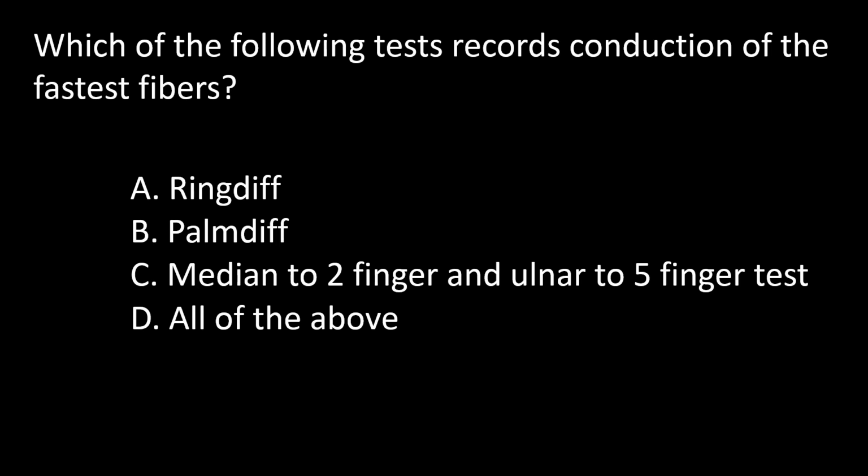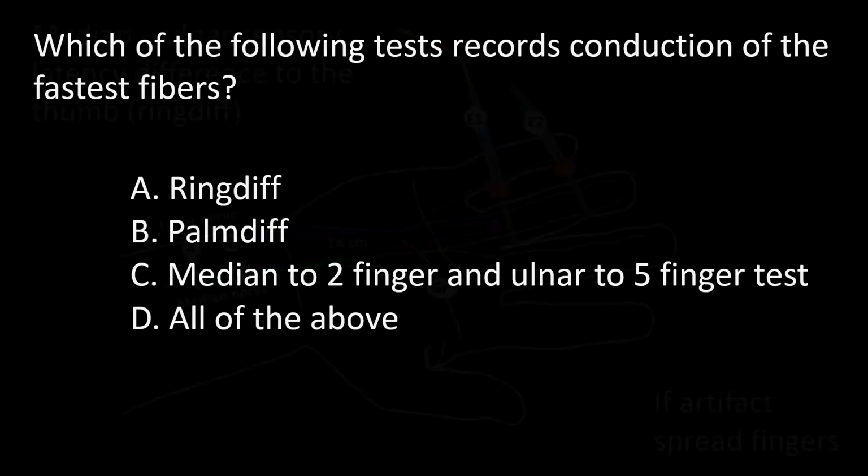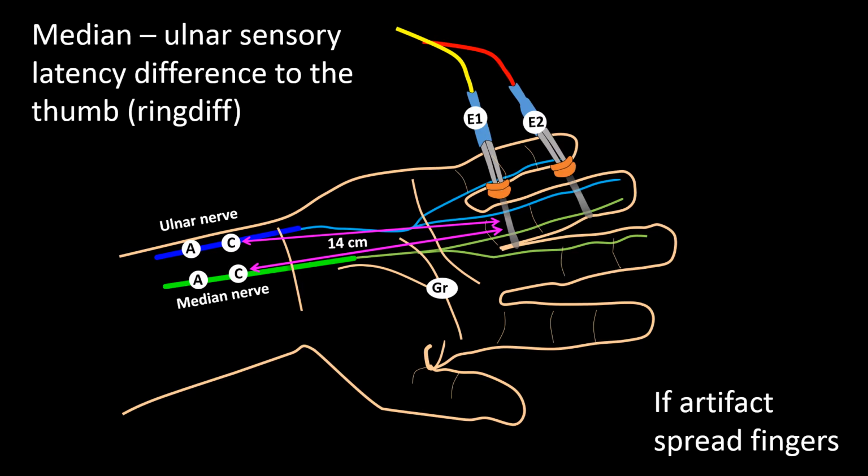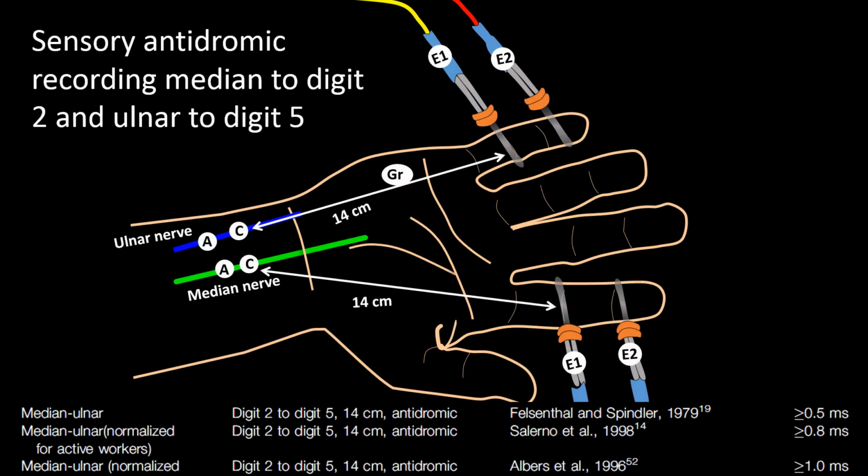D, All of the above. Ring diff refers to antidromic comparison to a single site, the ring finger. Sensory recording median to digit 2 and ulnar to digit 5 also test sensory antidromic conduction of the fastest cutaneous fibers.